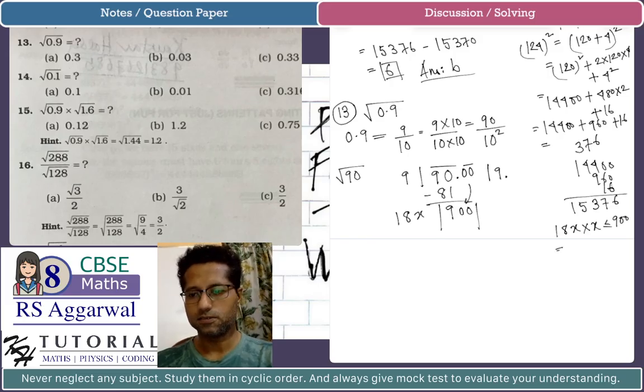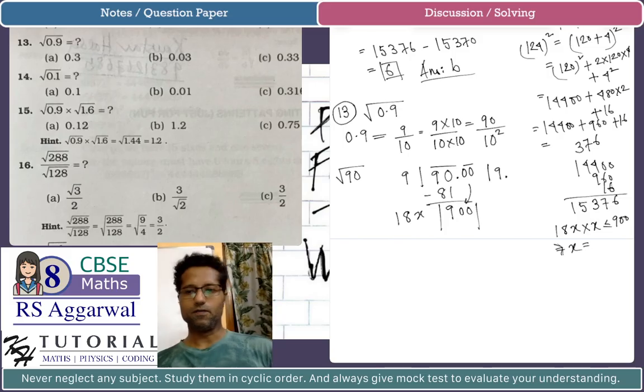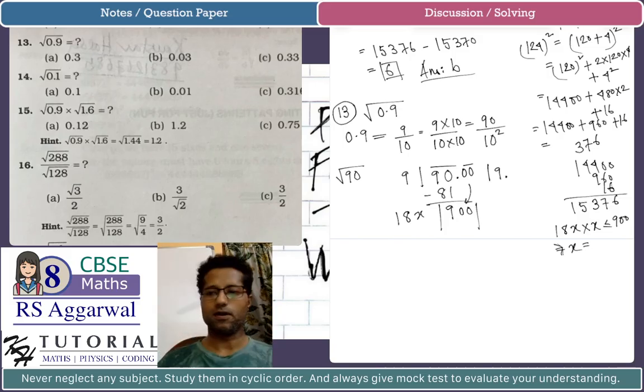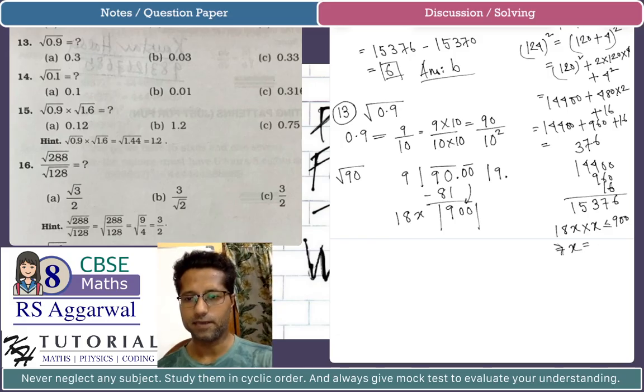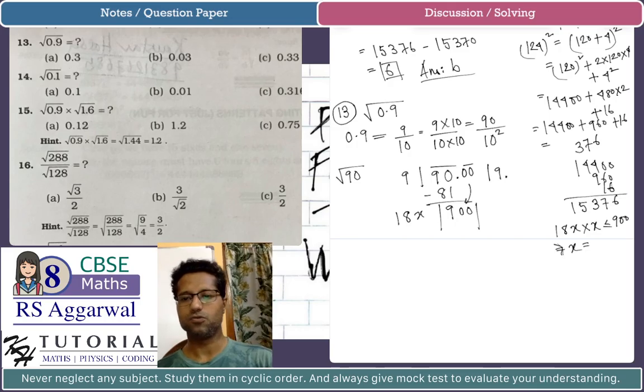Now what can x be? Always remember when you are doing the long division method, and you are finding the digit x, you have to find the largest digit x such that the 3-digit number 18x multiplied by x should be less than or equal to 900.